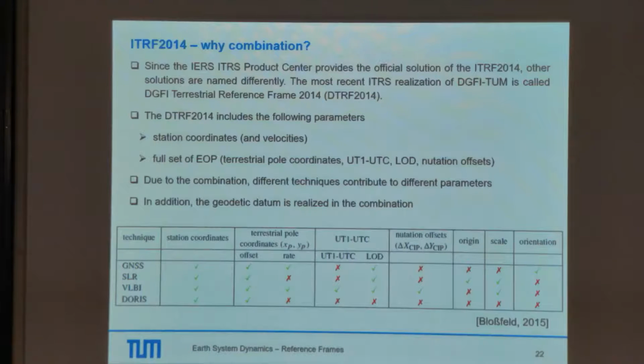We minimize the rotations of this network using the no-net-rotation condition. So we do not use the inhomogeneously distributed SLR and VLBI network. We use this really dense GNSS network and minimize the rotations of these station coordinates with respect to the pre-computed ITRF 2008.